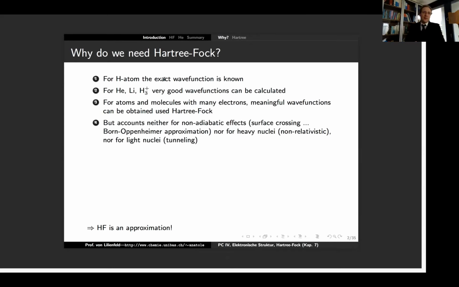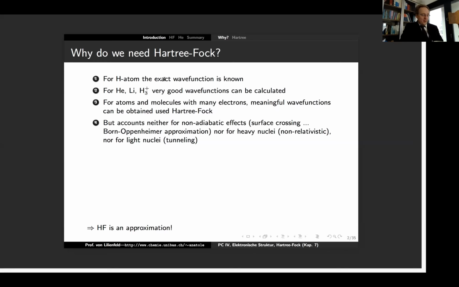So the Hartree Fock theory neither accounts for non-adiabatic effects. So, for instance, surface crossing. This is related to the Born-Oppenheimer approximation. Nor does it account for heavy nuclei, where your electrons have such high kinetic energy, such velocities that they approach the speed of light, and so then that changes the mass, right?